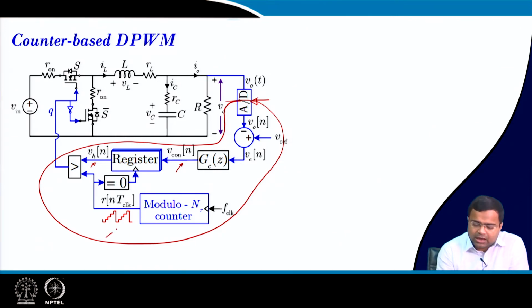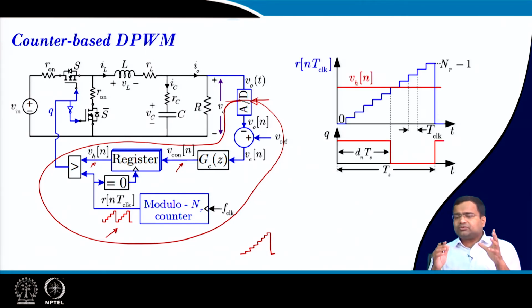Now the question is, how do you generate this sawtooth? That means we have to generate this kind of sawtooth waveform. The easiest way is to take a counter and increment it: 0, 1, 2, 3. If it is a modulo counter, for example if you want to count from 0 to 13, then it is a 14 modulo counter, so the upper limit is 14 minus 1.